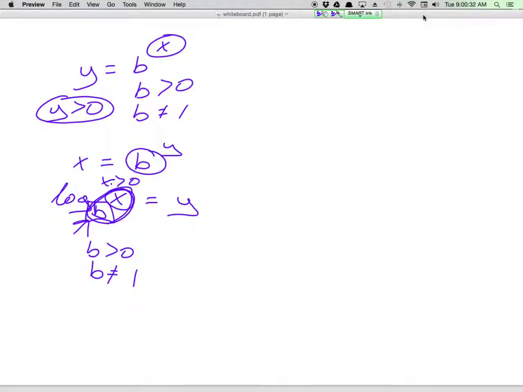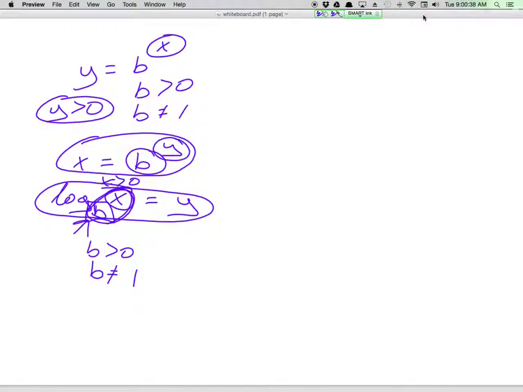All right, now, when I went from here to here, I want you to notice something about y. What location is the y in? It is in the exponent spot. So that means that this right here represents an exponent.